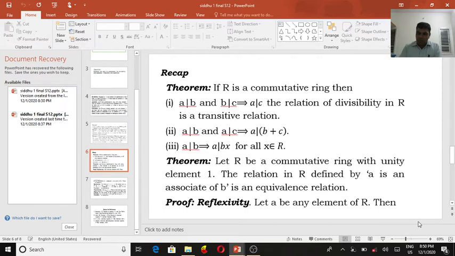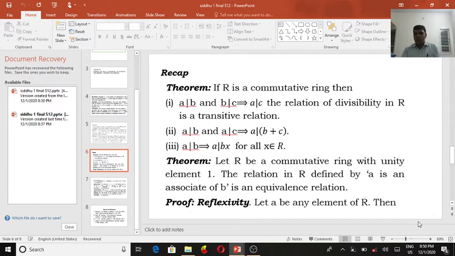Taking K as K1 plus K2, certainly A divides B plus C. Similarly, if A divides B, this implies A divides Bx, where x is an element of R.